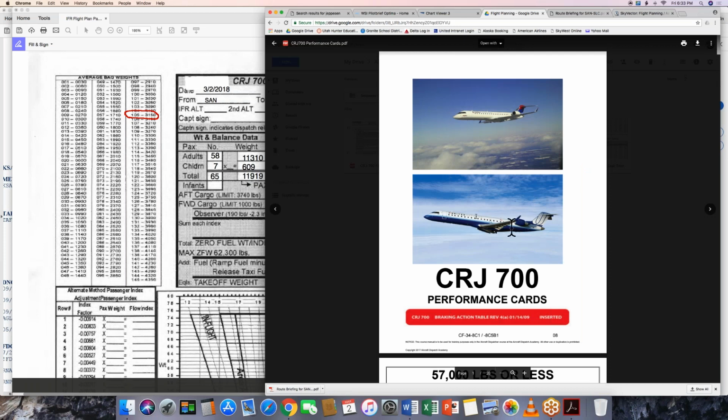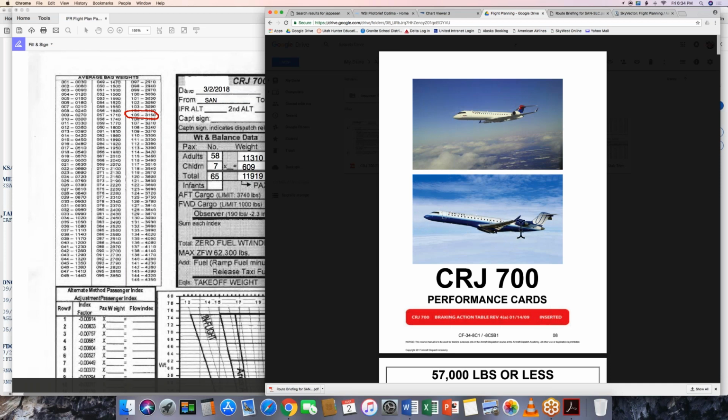Looking at the CRJ aircraft, our center of gravity, let's just say it's in the center of the plane. Our wings are behind the center of gravity, and so our nose is actually a little heavier. So if we throw the cargo in the back, once again, this is personal preference.